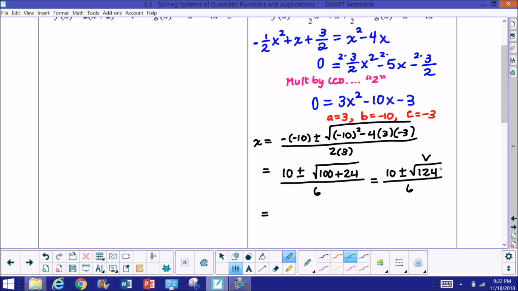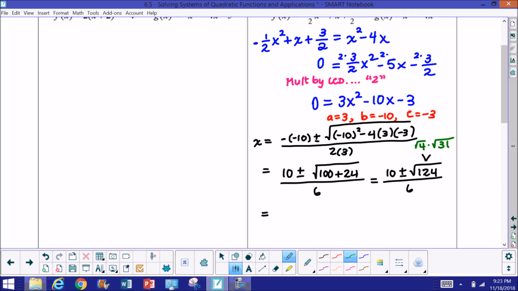We think of one of our first perfect squares, which is 4. And we can see that 4 is going to go into this. 4 goes into 12, 4 goes into 4 evenly. So if we broke this into the square root of 4 times the square root of, it would be what, 31, I believe. The square root of 31.